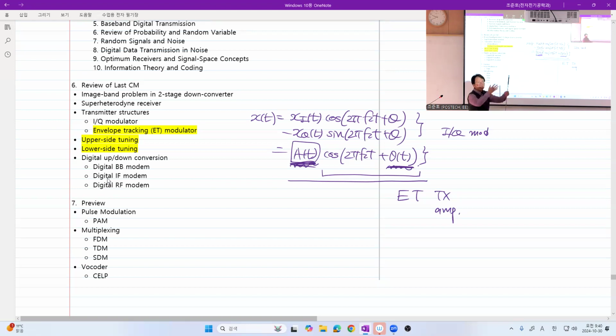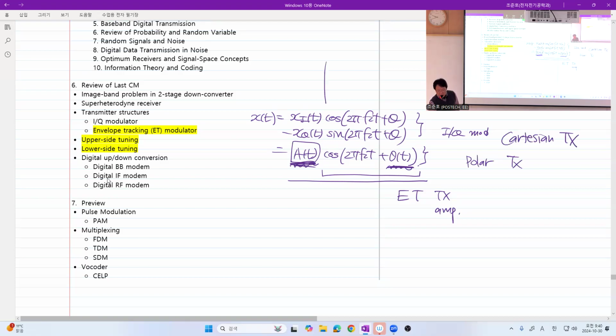Some people broadly say, hey, we have an envelope tracking transmitter structure, right? Or some people even say that this is a polar transmitter. This is a Cartesian transmitter, but it's rarely used, okay?